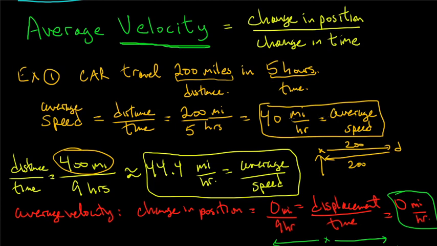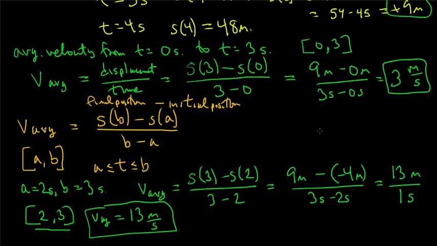The average speed is for the entire trip, just the total distance divided by the total time. But at any given moment, I could be traveling faster or slower than that. The velocity at the moment I look down and measure how fast I'm traveling, we call the instantaneous velocity.